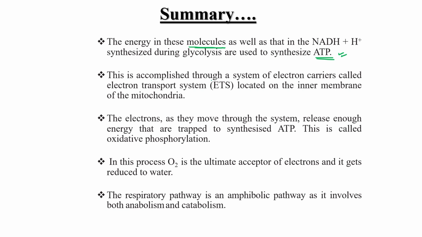And this is accomplished through a system of electron carriers which are present in the electron transport system. And where are these electron carriers located? On the inner membrane of mitochondria. All the carrier molecules are located in the inner membrane of mitochondria. True? Yes.